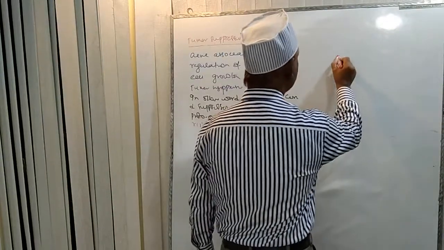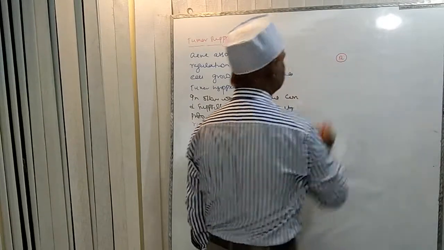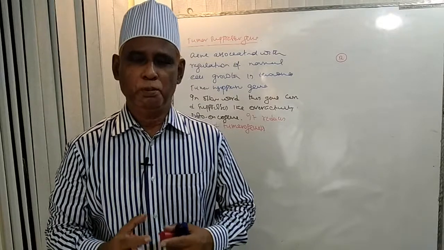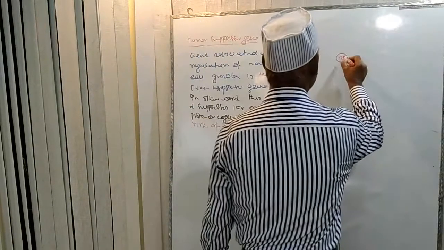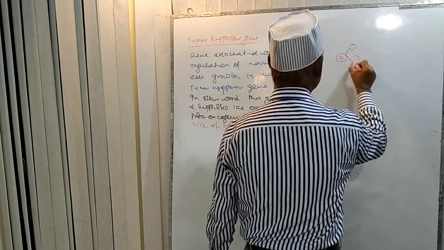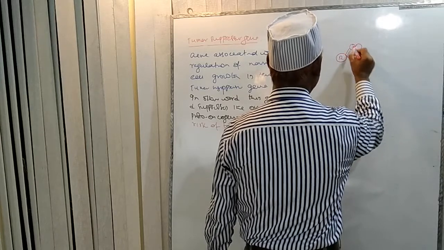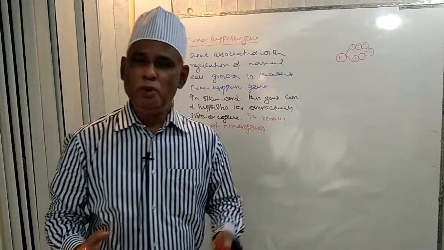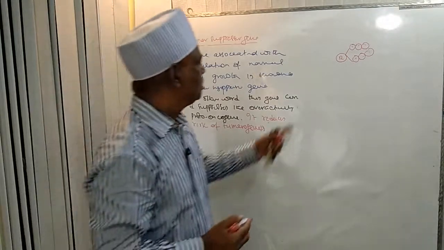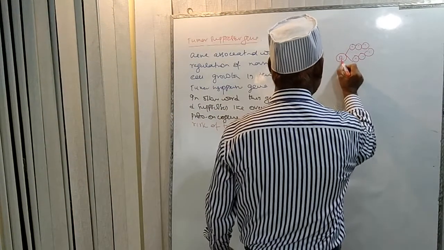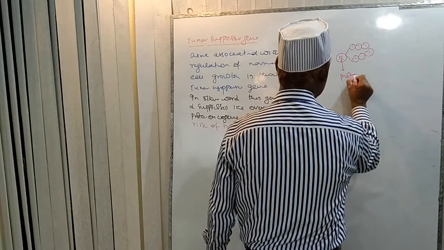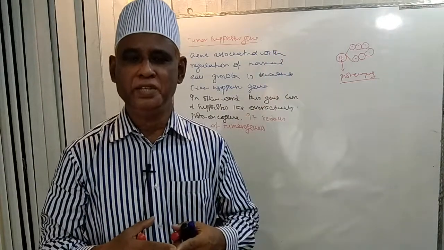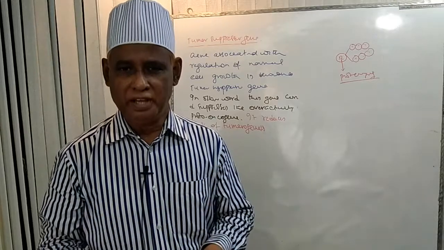Dear audience, suppose this is the reserved cell, and due to Proto-oncogene, this cell undergoes multiplication. The tumor suppressor gene controls the Proto-oncogene and suppresses its overactivity.